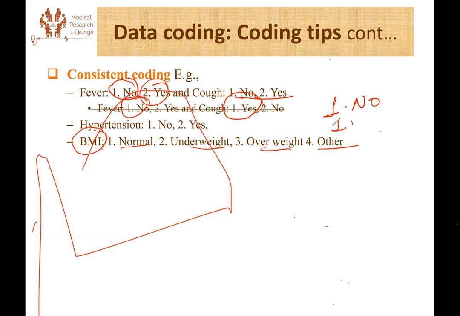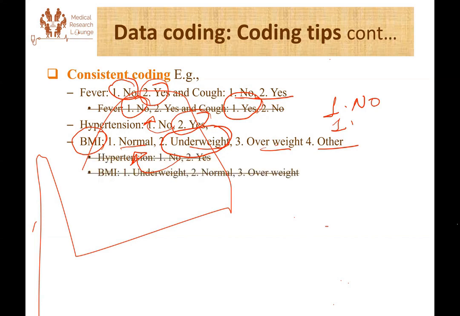And when we are interpreting our results, it would be nice to interpret it as patients with hypertension as compared to those with no hypertension have a higher risk of dying from the disease, and the same patients who are underweight have a higher risk of dying from the disease as compared to patients with normal BMI. So the interpretation will make more sense when we make our references the normal one. So we should maintain this consistency, and it will make our life a lot easier.